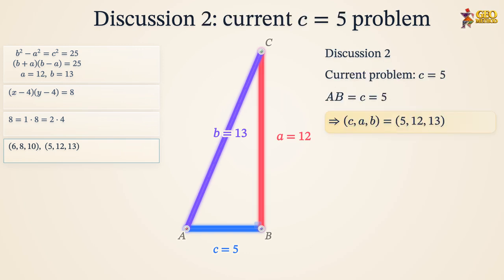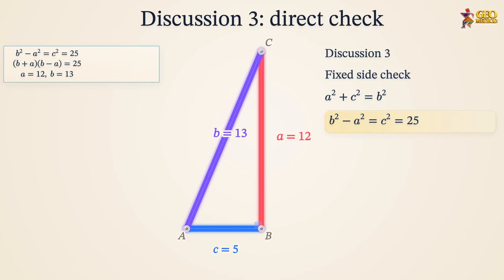Discussion 2 is about the current problem. This problem is not isolated from that general classification. Because the current problem fixes one side, segment AB, at 5, it selects the 5, 12, 13 branch from the two-solution list. Discussion 3 checks the same conclusion directly from the fixed side.